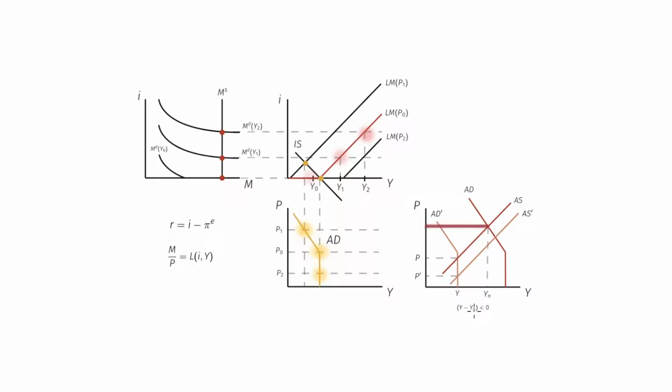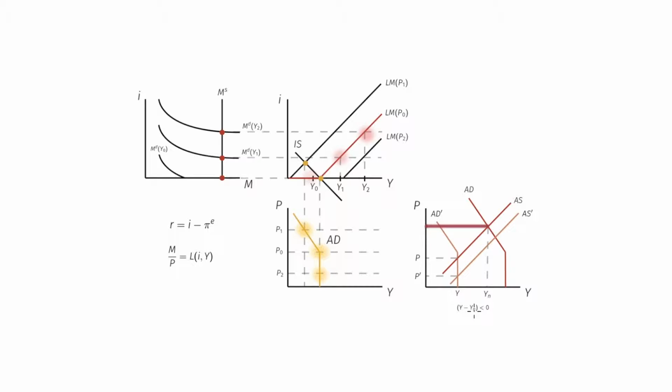So what happens with the aggregate supply curve now? If we go to the labor market, which I didn't draw here, we see that with this recession the aggregate demand decreases, output decreases, so the employment level will decrease from the full employment level.